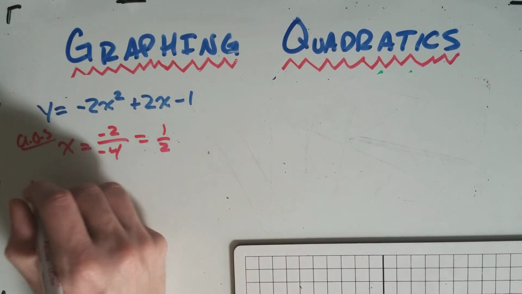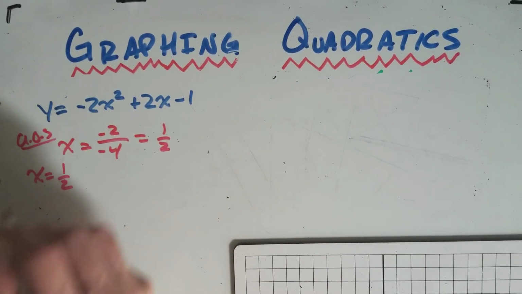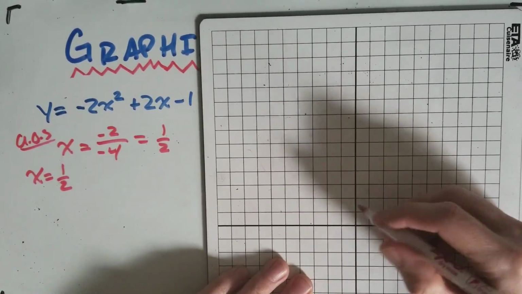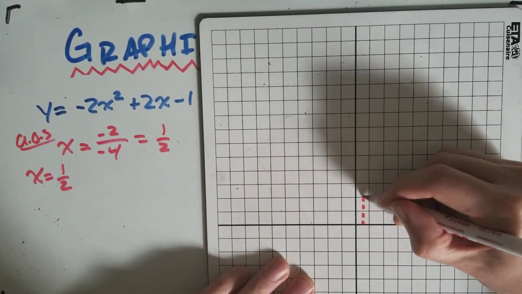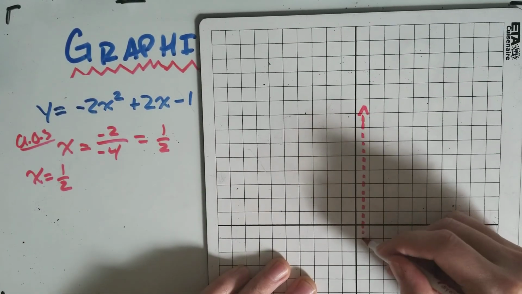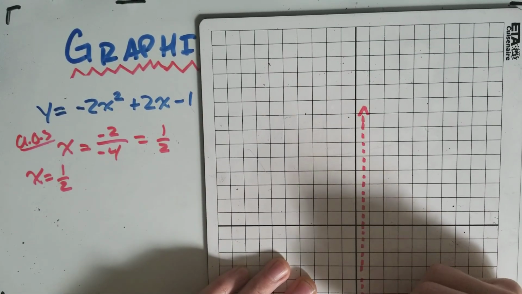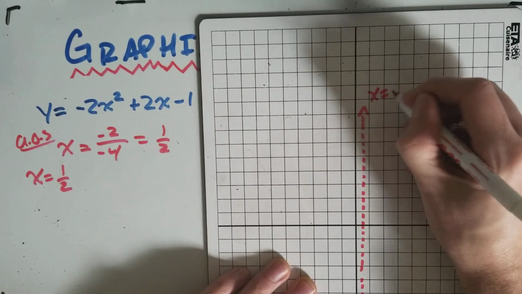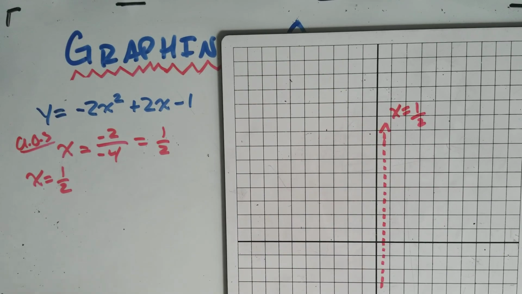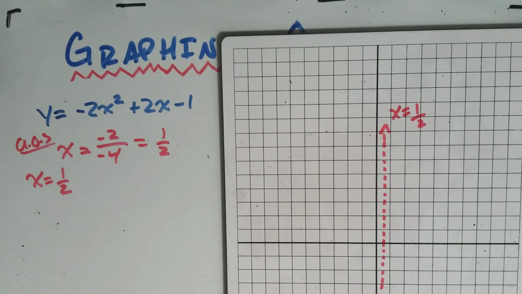So your axis of symmetry is x equals 1/2. So on this guy, we're going to go 1/2. And this is what your axis of symmetry will look like. X equals 1/2.